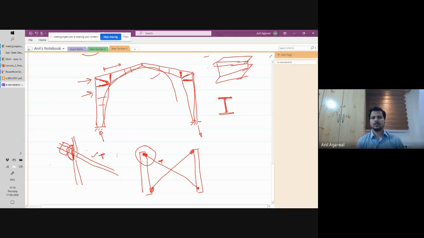So if there is a wind load acting in the plane of the frame, the frame will resist. But if the wind load is acting perpendicular to the frame, then these braces will resist that. Okay, that is how this designing works. So if the wind load is coming this way, this brace would go into tension. Of course, there are horizontal members also which are connecting the two.